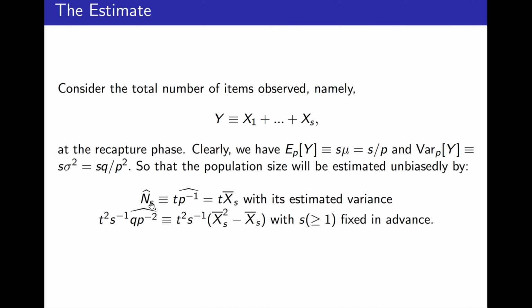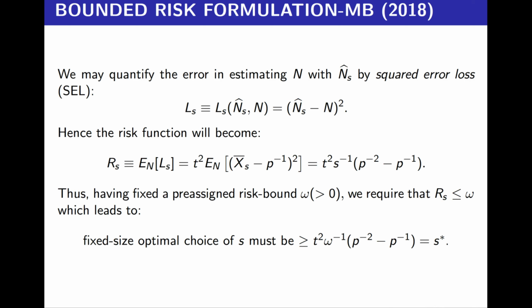So this is the estimate of the population size, t times x bar s, and it has an estimated variance which is given by this. But whatever estimator we got, if we want to quantify the error in estimation, then we use a squared error loss function.